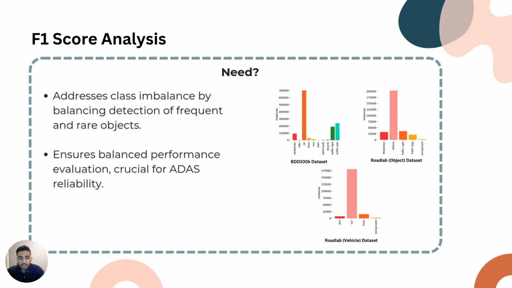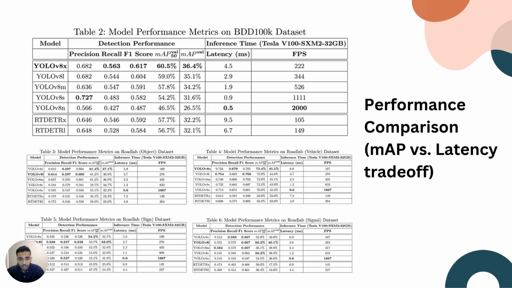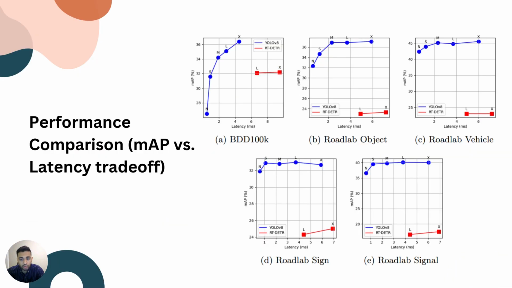And we need a model with a higher F1 score, because that indicates that the model performs better even for classes with lower instances. And if you observe the table over here, even for the BDD 100K, you'll observe that YOLOv8X has an F1 score of 0.617, but RT-DETRs have only 0.592.